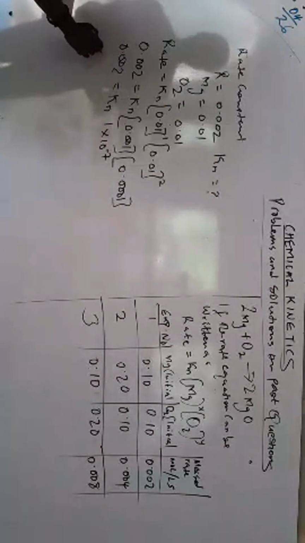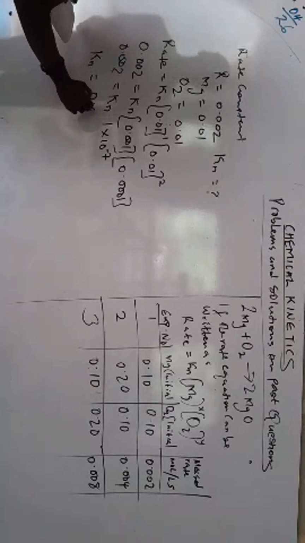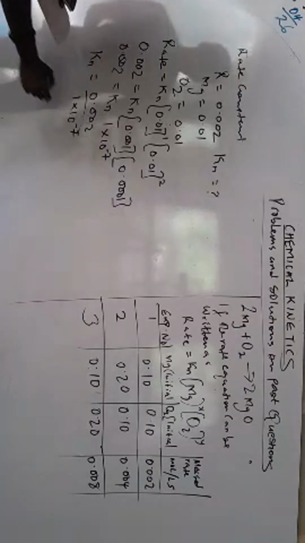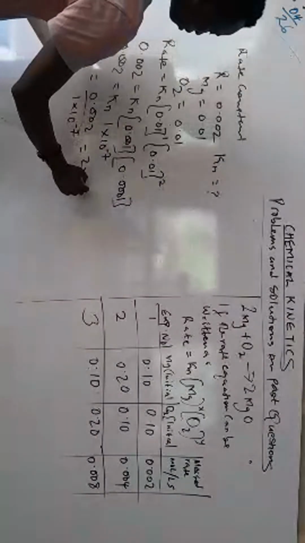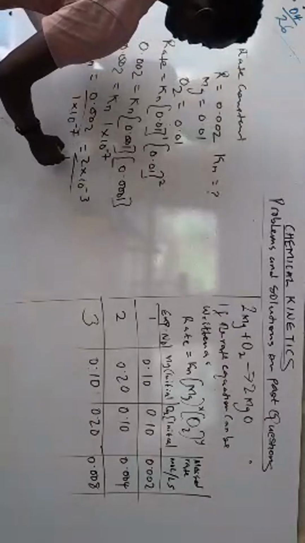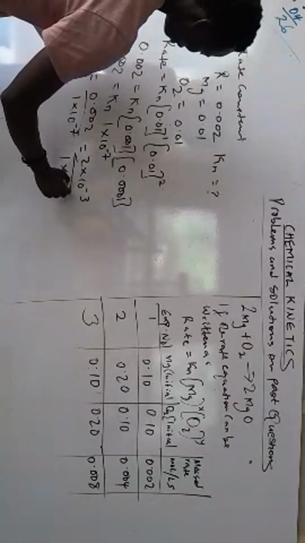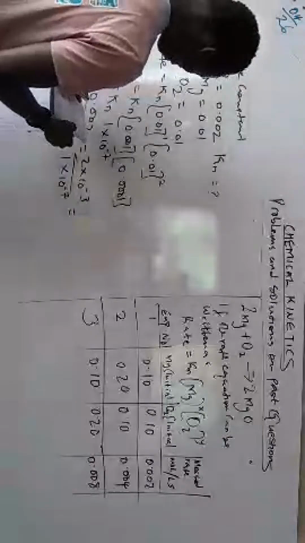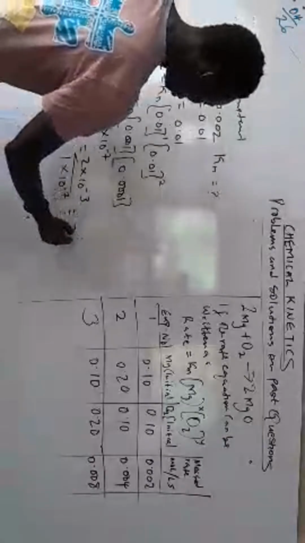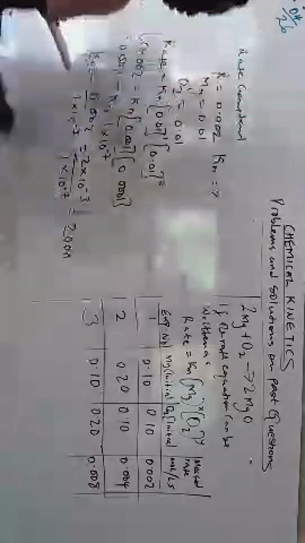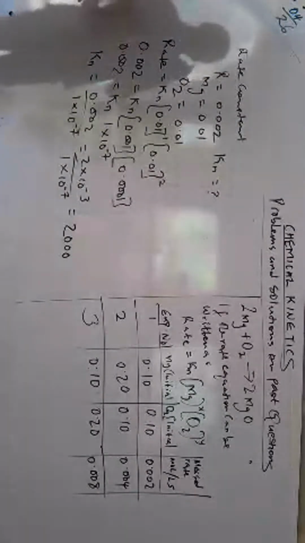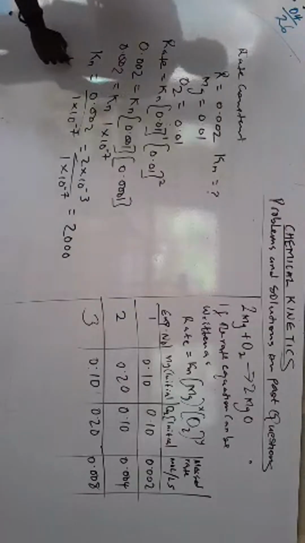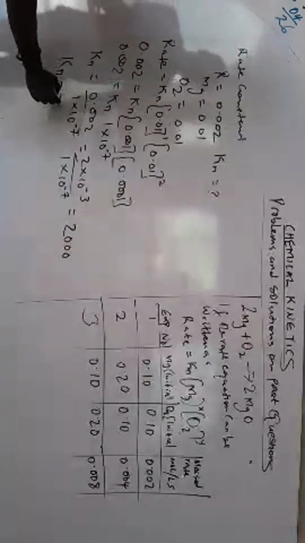So you are dividing both sides. Kn now equals to 0.002 divided by 1 times 10 raised to the power minus 7. And that also means 2 times 10 raised to the power minus 3 over 1 times 10 raised to the power minus 7. Which will now eventually give you the value that we have here. We are going to have 2000 at the end. So our Kn now is 2000.